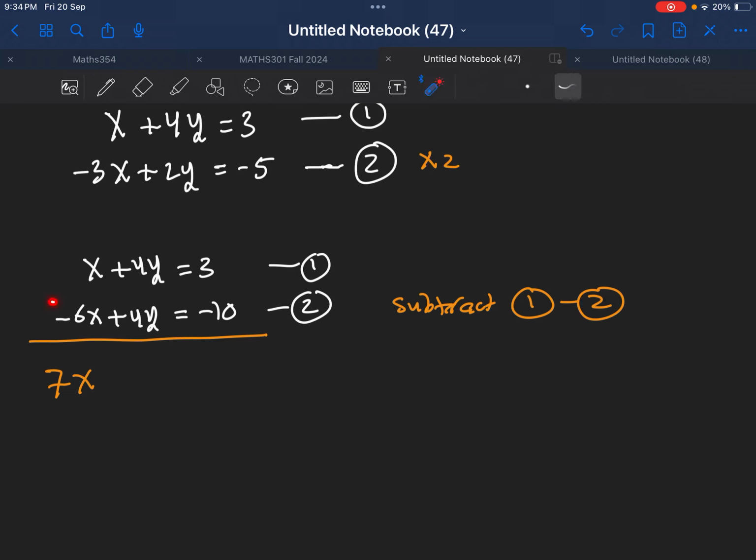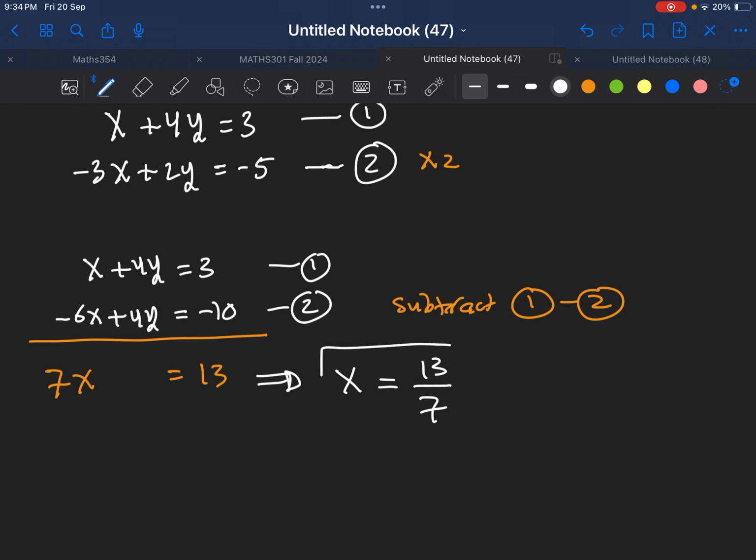Remember, if you subtract, it means you put a minus minus, so x minus negative 6x will be 7x. 4y minus 4y gives me 0, so I don't need to write it. And finally, 3 minus negative 10 gives me 13. Well, the good news is we know exactly how much x is. So x is 13 over 7.